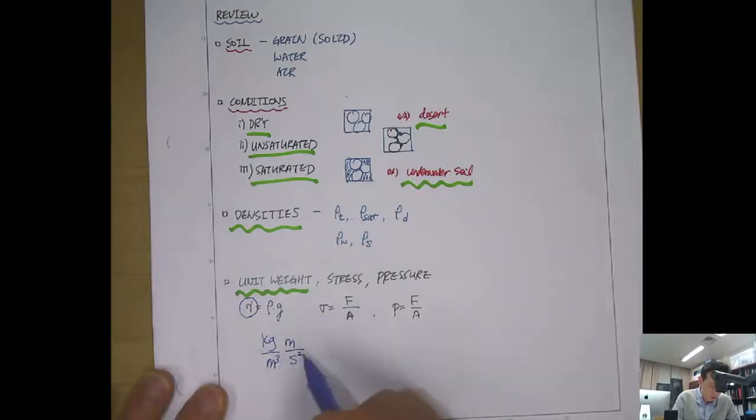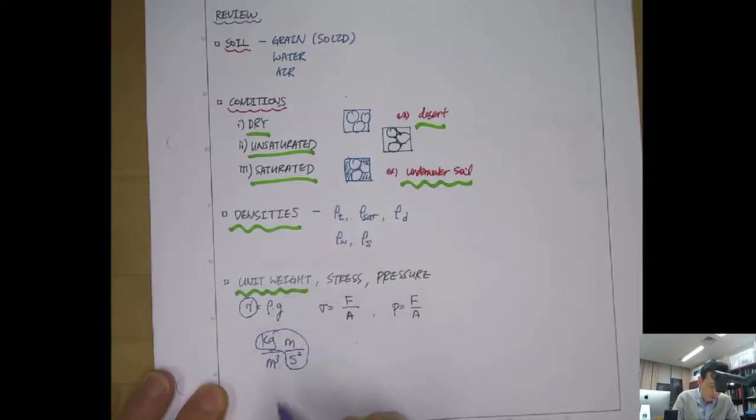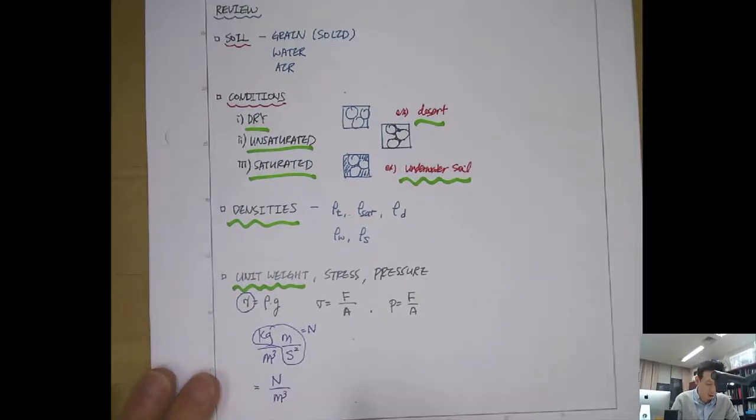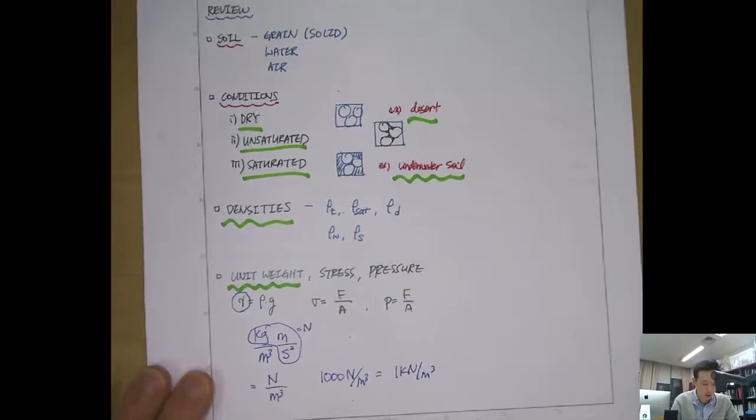So then what happens? This is the Newton, right? Which is the unit of force. So then Newton per cubic meter, right? And if it is 1,000 Newton per cubic meter, it will be 1 kilonewton per cubic meter.